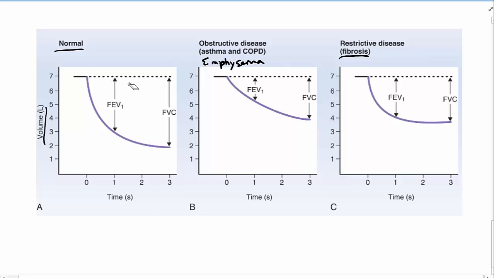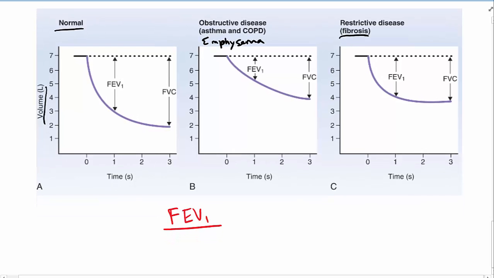What's interesting to note here as well is that we can take the ratio, the FEV1 over total FVC, over total vital capacity, and this gives us a percentage.